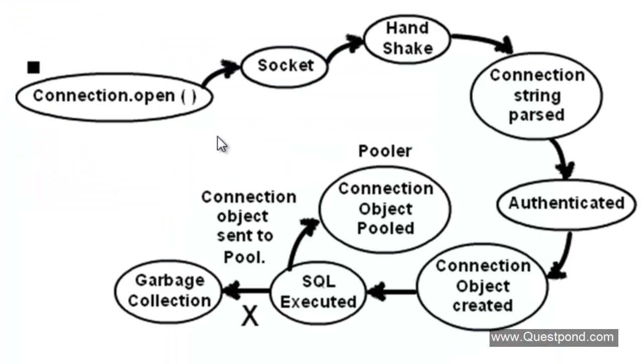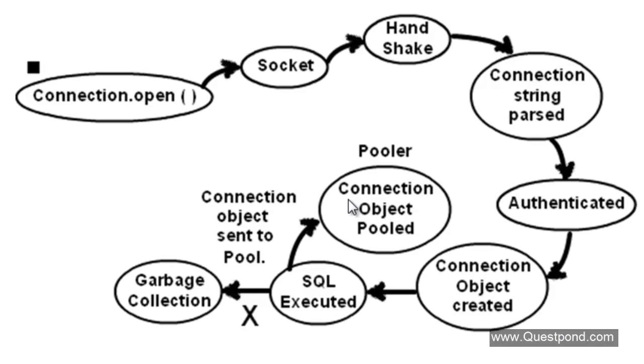So in short, you'd like this to happen. As soon as you open the connection object, it goes through all those steps: opens the socket, does handshaking, creates a connection object, and executes the SQL command. After that, rather than going to garbage collection, you put this object into a connection pool. That is exactly what connection pooling means.